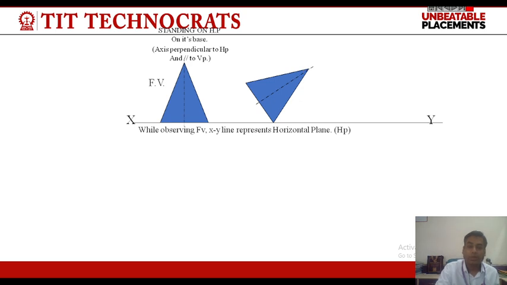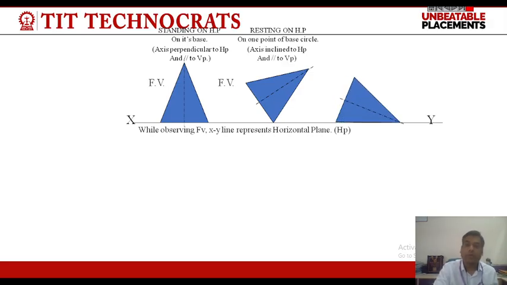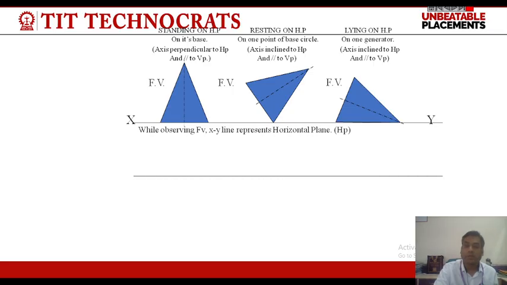Here, in the second case, the solid is resting in HP on its side or corner and the axis is inclined to the HP and is parallel to the VP. And here, if a solid is resting in HP on its slant edge or vertical edge, then again the axis is inclined to the HP.